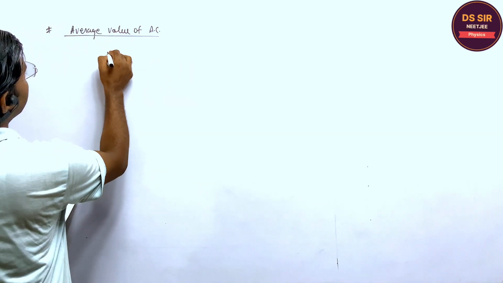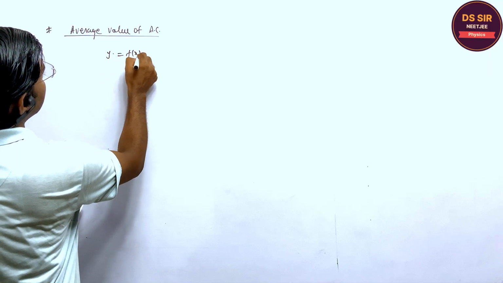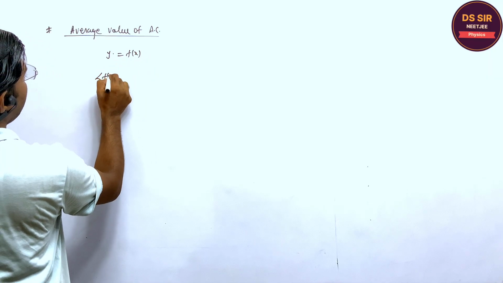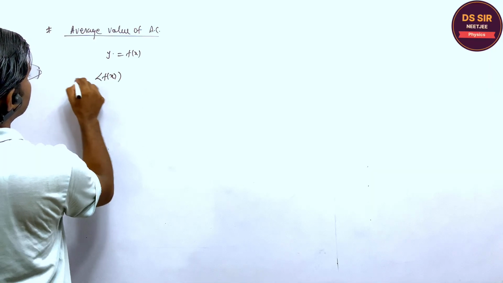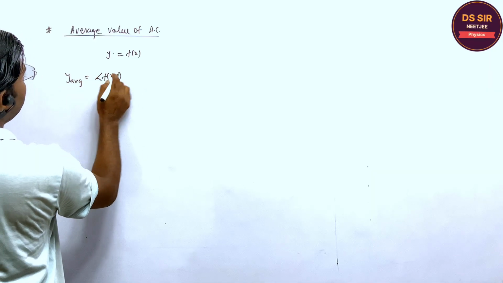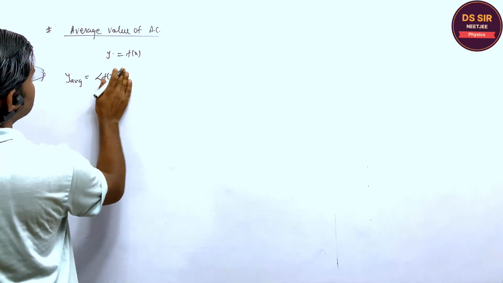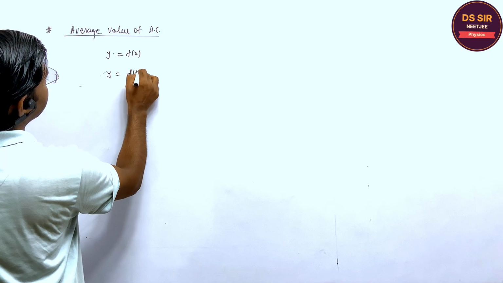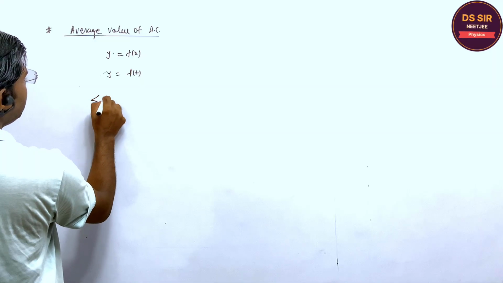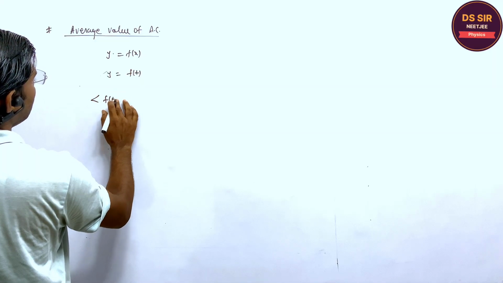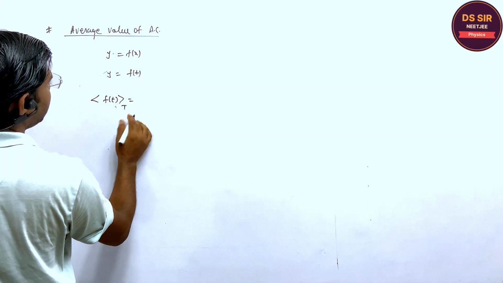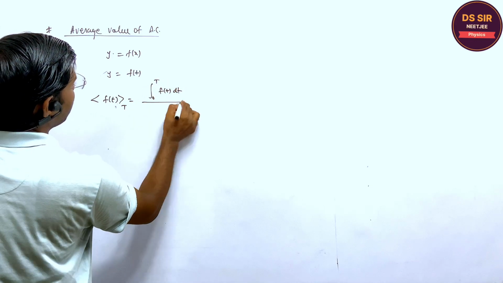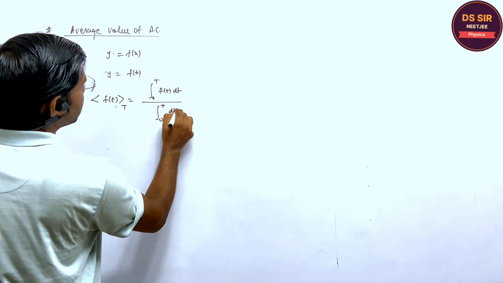Listen, if there is a function y is equal to f(t), the average value of this function for a given time interval is defined as the integral from 0 to T of f(t) dt divided by the integral from 0 to T of dt, right?